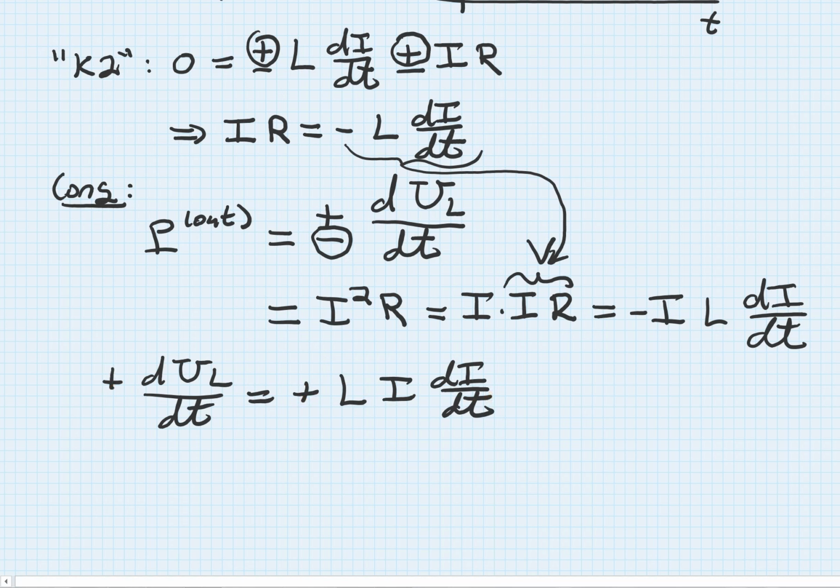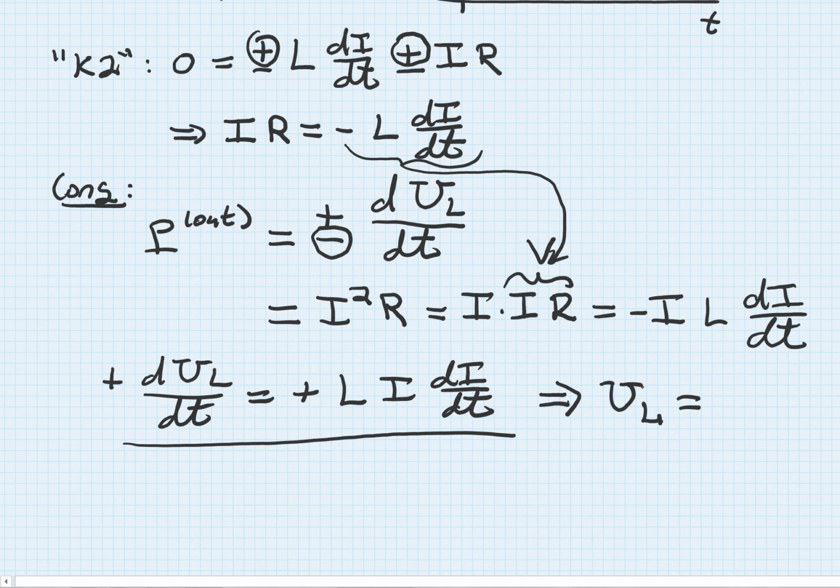Well, that's a very nice result, because if that is true, I think I can integrate this to figure out the energy that's stored in the inductor. If we think about it, we want to integrate both sides here with respect to time t. So this would mean that the energy stored in the inductor should equal capital U, that's why I put these little horns on there.